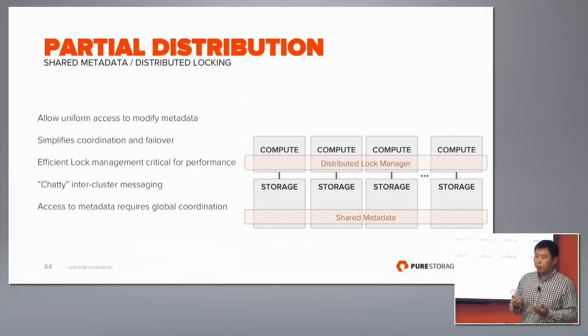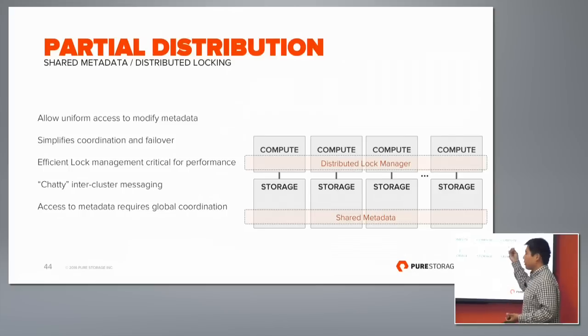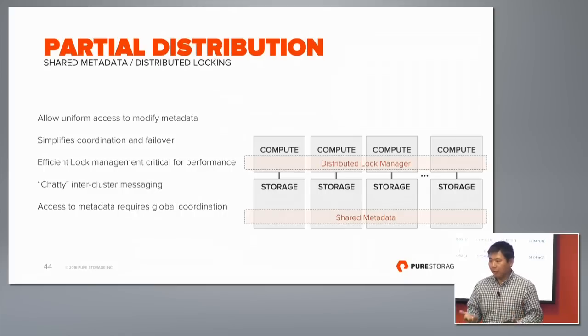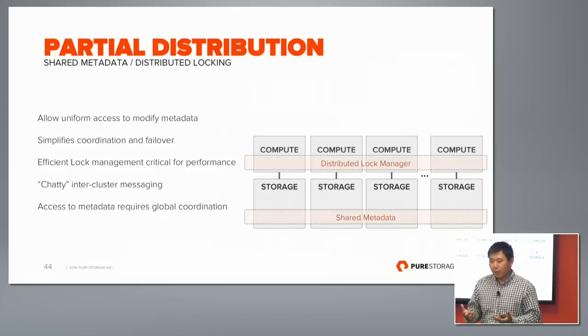And in order to mediate that access to the shared metadata, and create transactionality around updates and changing the system, you have to couple it with a locking system. You have to couple it with a lock manager. Now, you don't want a single lock manager because that's a point of bottleneck. So you create a distributed lock manager. But at the end of the day, you still have a system now where you can bring more compute power to bear by addressing metadata from any of these compute cores as you add them.